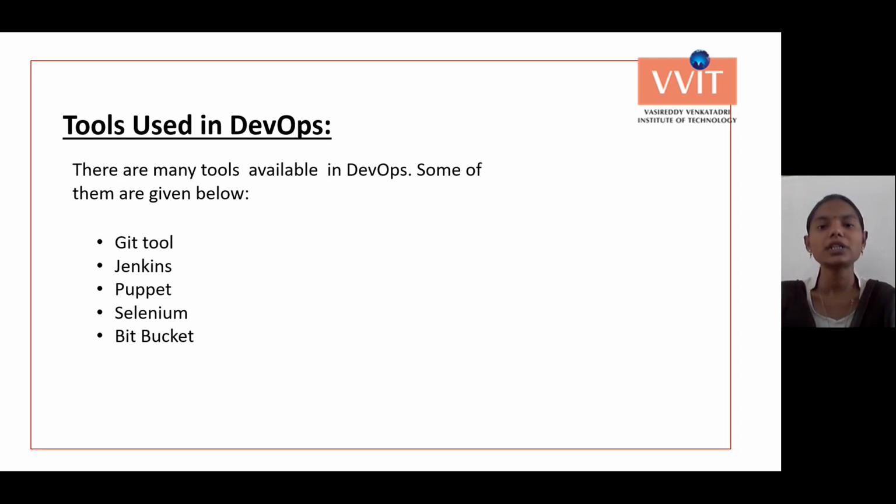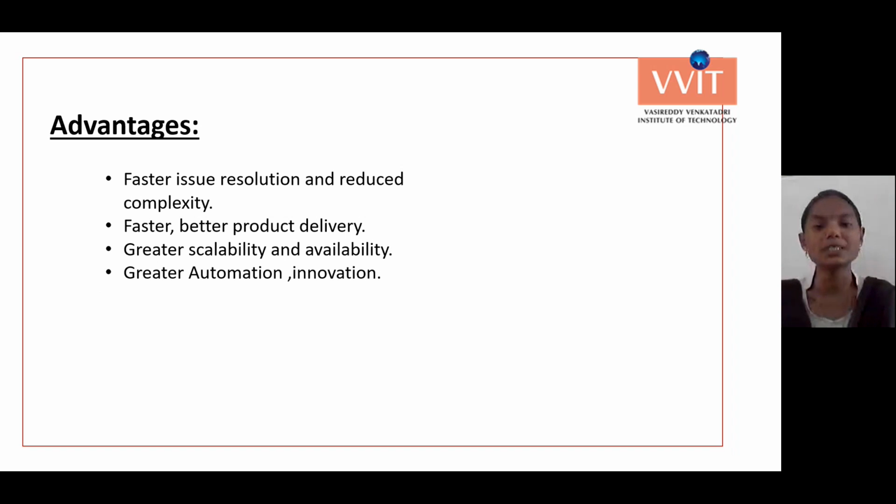Let us see what are the advantages and disadvantages of DevOps. Advantages of DevOps: faster issue resolution and reduced complexity. Faster issue resolution means, as we all know, that the people who know both waterfall and agile models, they only know the DevOps. Those people can easily resolve it.